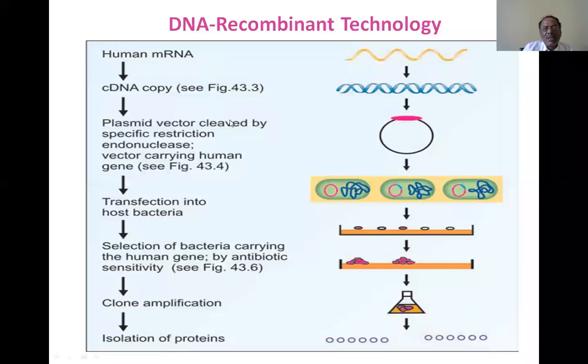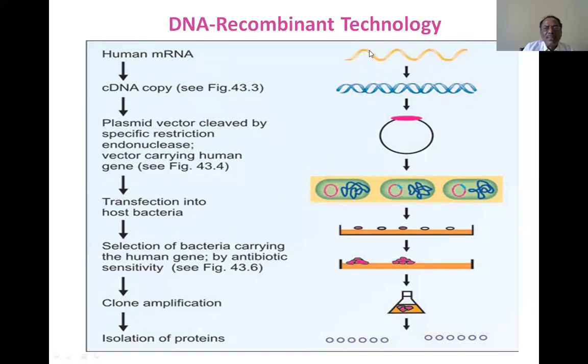Suppose you are not coming from the other side, you have another way. A protein is there. Correspondingly, the human mRNAs will be there. For every protein, mRNAs will be there.